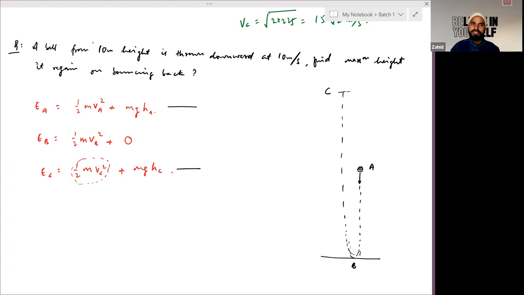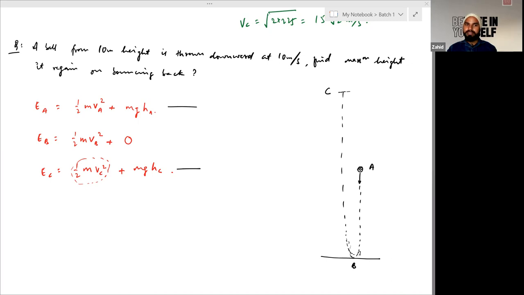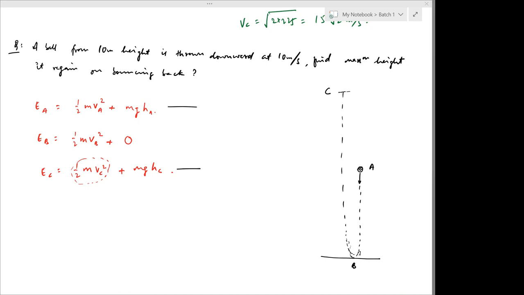Just compare first and third equation. We have velocity at point A as 10 meter per second. Height at point A is 10 meter. Gravity is 10. Just compare these two terms. You will get height at point C. Sir, do we have to take the height to be 10 at C also? No, we have to calculate height at point C by comparing first and third equation.